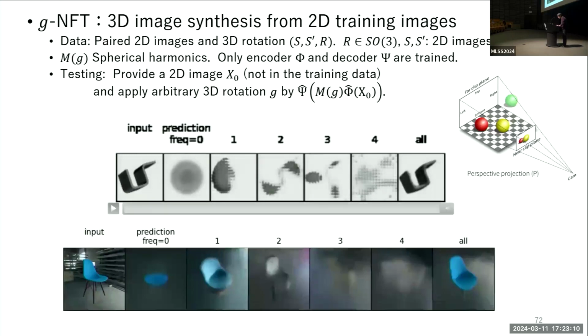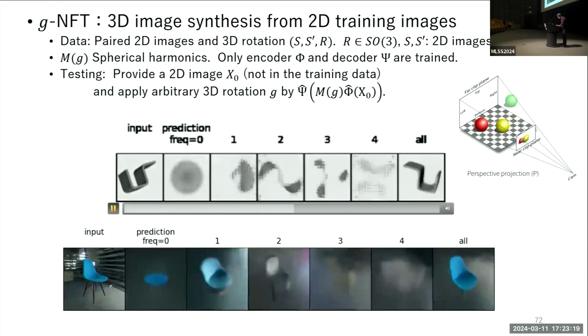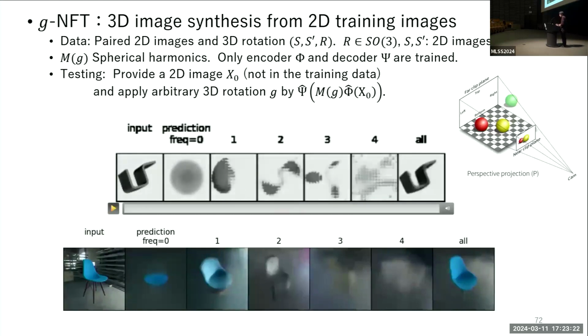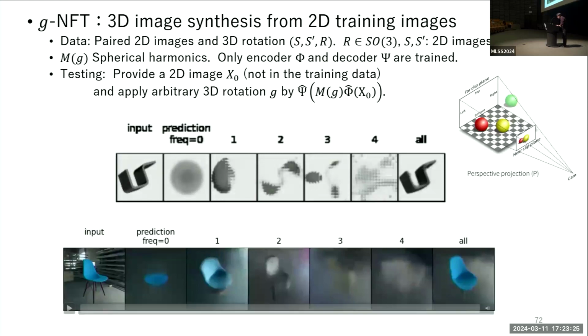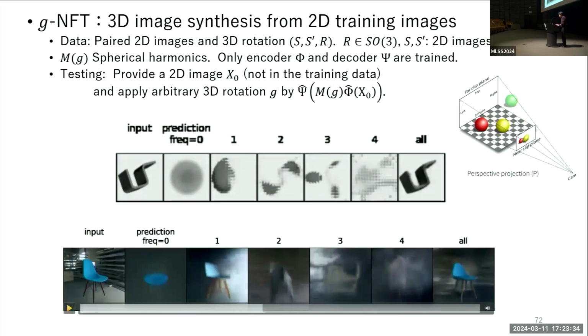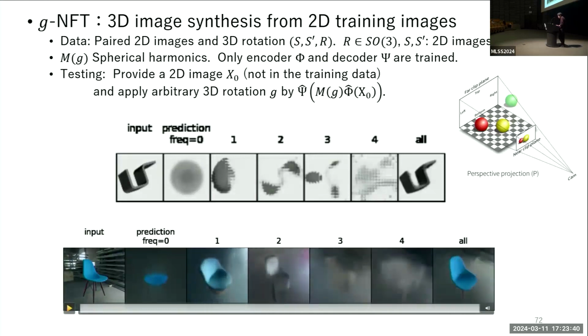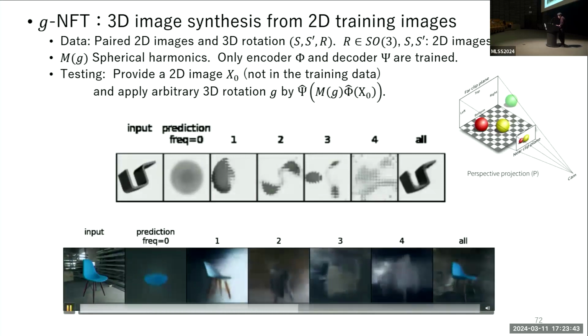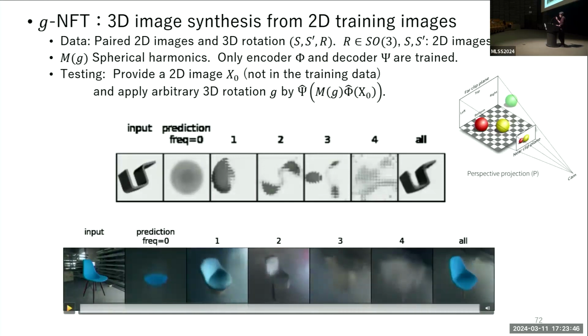And the final result reconstructed from the latent variable is given in the right part. And you can see that at an arbitrary angle, we can rotate starting from the single two-dimensional image. This is a kind of novel view synthesis task. Because of the engineering, our image quality is not so nice, but you can see that we can rotate the three-dimensional object by the training-based neural Fourier transform.